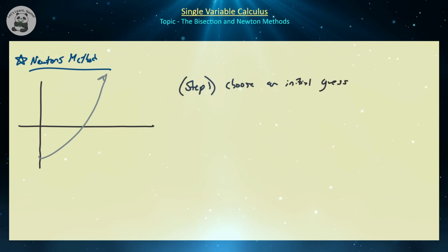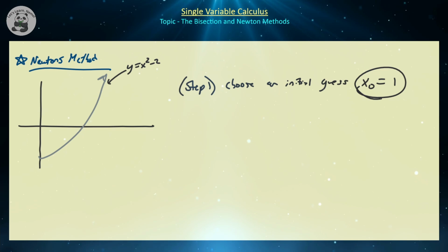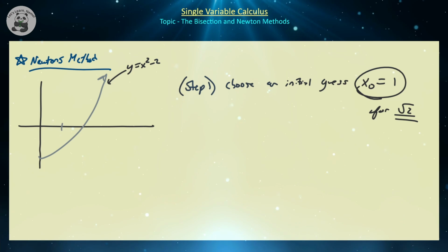So let's assume that for our particular example, which was y is equal to x squared minus 2, we choose our initial guess to be equal to, say, 1. And obviously this is for estimating the square root of 2. Because we already know that when we plug in 1, then we get some number that is slightly negative, and 2 gives us something slightly positive.